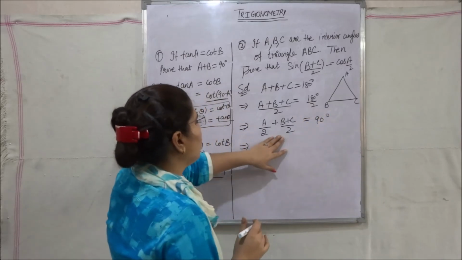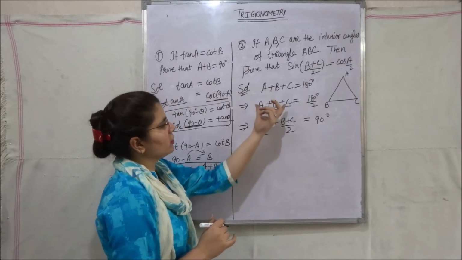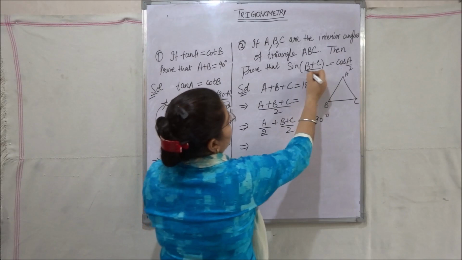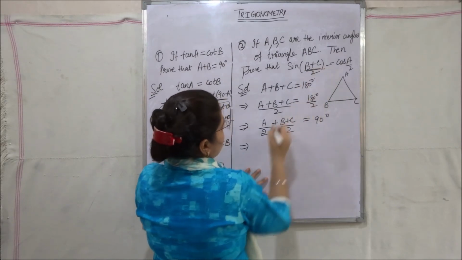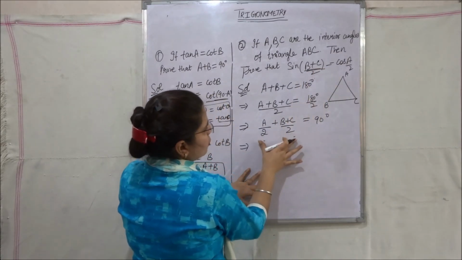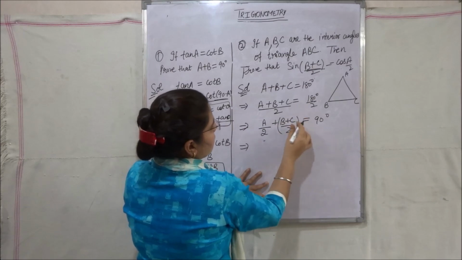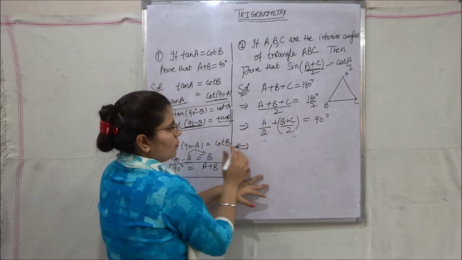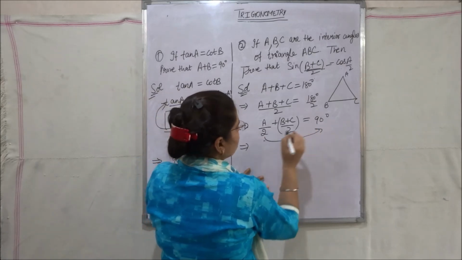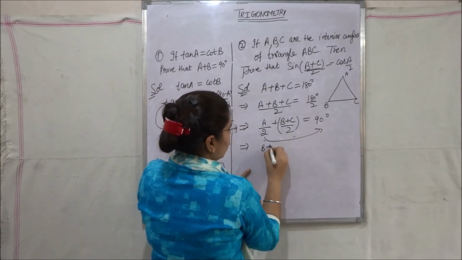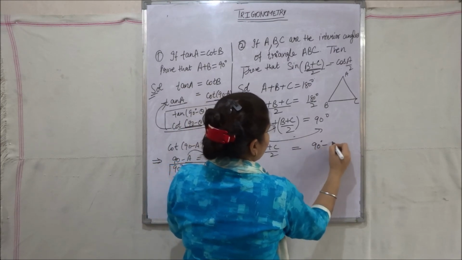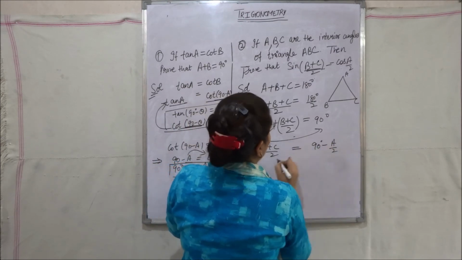Here we separate it into two fractions, as we have to prove for (B plus C) upon 2, so that (B plus C) upon 2 is separated out from A upon 2. Now we take it to the right hand side: (B plus C) upon 2 equals 90 degree minus A upon 2.